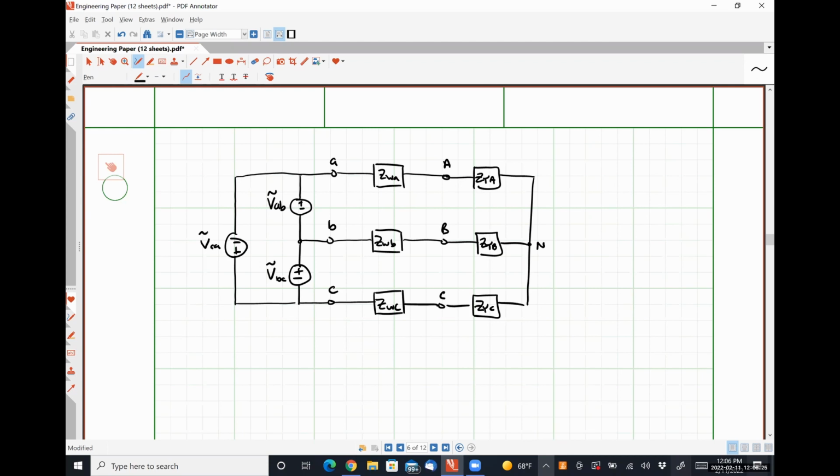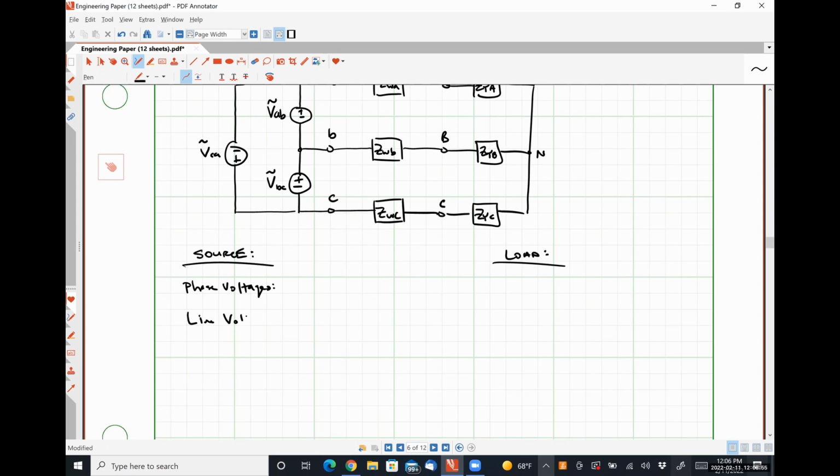Okay, so all we are going to do here is a simple exercise in identifying things correctly.